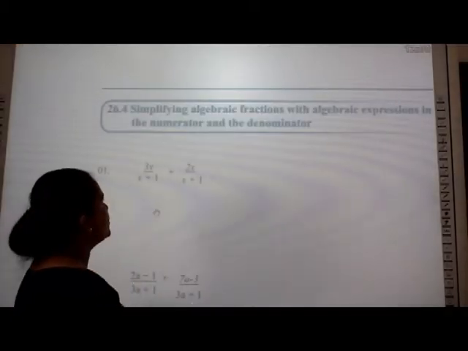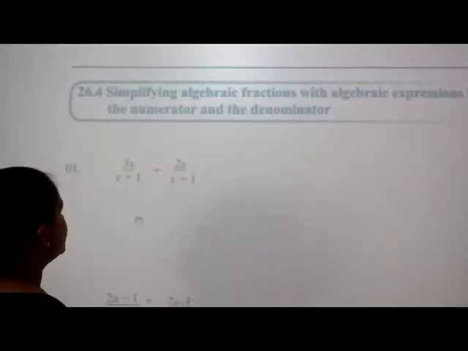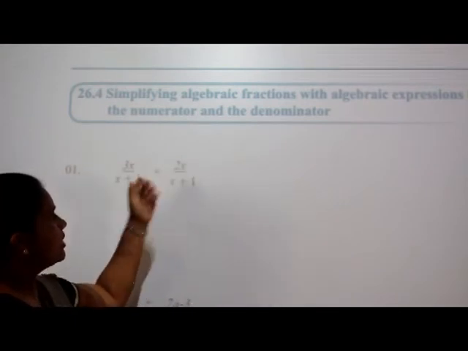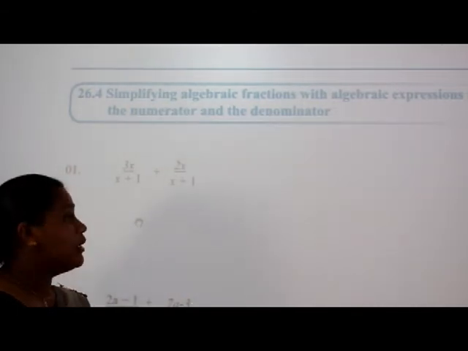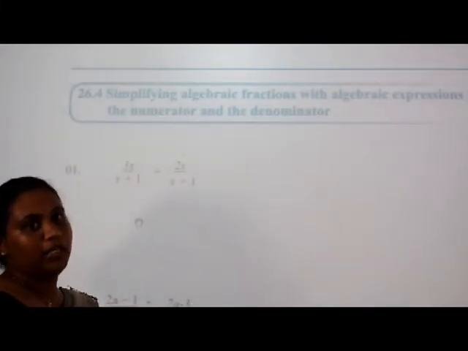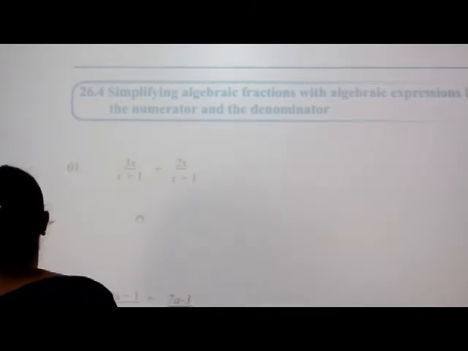Now we are going to simplify algebraic fractions with algebraic expressions in numerator and the denominator. Here in these fractions there are algebraic parts in both numerator and the denominator. But it is very easy because there is what? Common denominator. So you don't want to convert into common denominator because two denominators are equal.